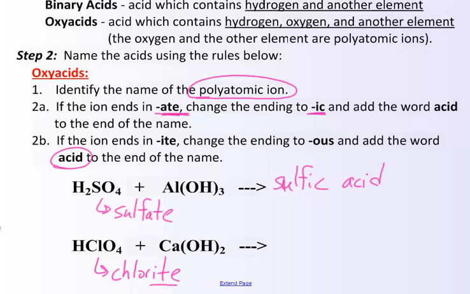It ends in "ite," and so if we're looking at our step 2b, "ite" changes to OUS. So now we have CHLOR, and instead of "ite," it's OUS, and add in our acid. And naming is that simple.